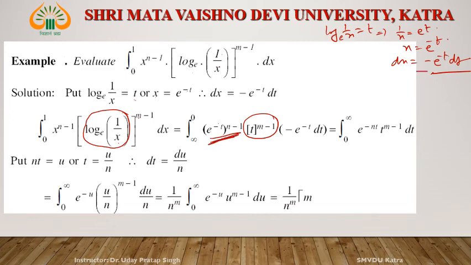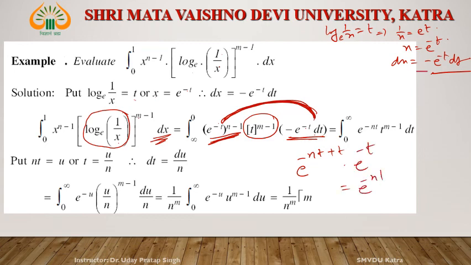And dx is minus e to the power minus t dt. So add the powers of these two terms, since these are the exponential terms. So e to the power minus nt plus t, and into e to the power minus t. So this is e to the power minus nt first term, and t to the power m minus 1 dt.